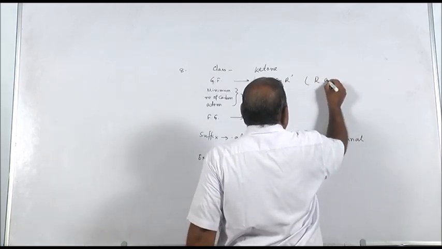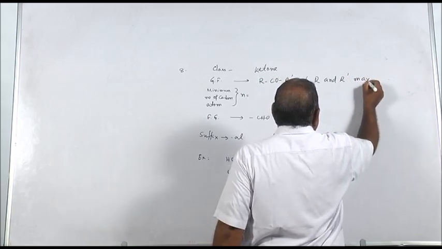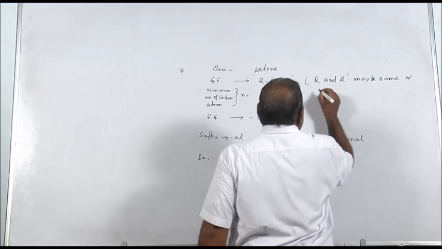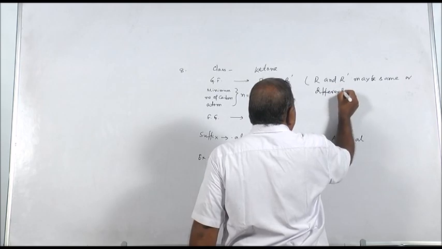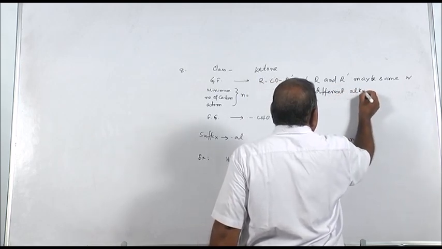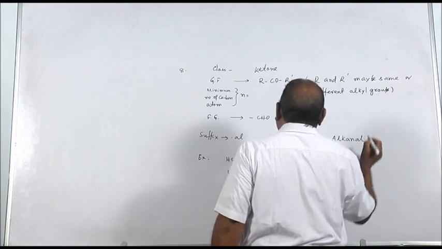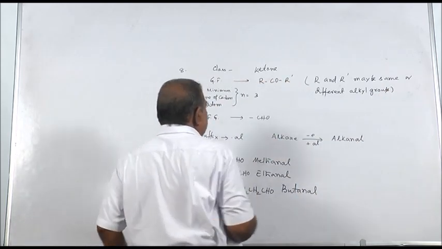Here R and R dash may be the same or different alkyl groups. It is never hydrogen. The minimum number of carbon atoms is 3.